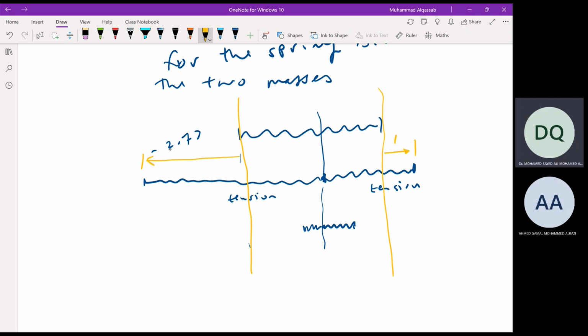So this will move minus 1 here, and this will move minus 2.73. So this is compression and compression. And this point is always 0. Displacement is 0. This is the node.